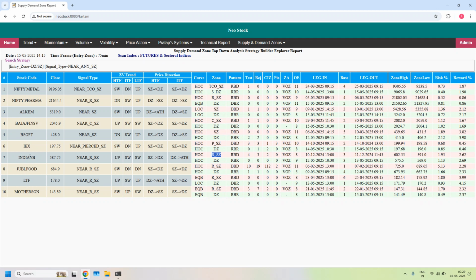IndiaNB, okay, is a 75 minutes high liquidity supply zone. Indian Bank. Jubilant Food is not a valid zone because it is a pierced zone.